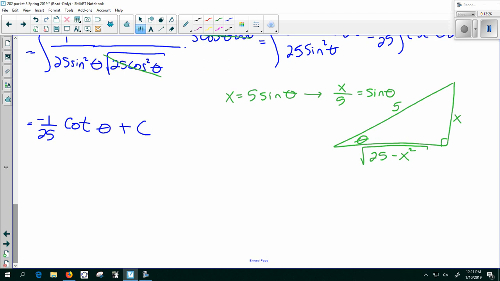And then what I'm looking for is the cotangent of theta. Tangent is opposite over adjacent, cotangent is its reciprocal, so adjacent over opposite. So you look at theta, pick the side adjacent divided by the side opposite. So we're going to have the square root of 25 minus x squared over x. That's the cotangent of theta, and then the plus c.